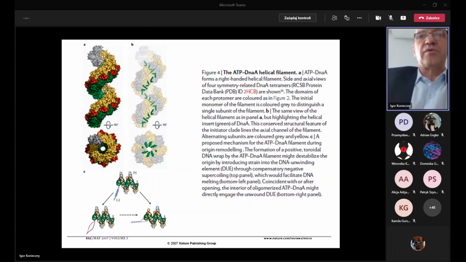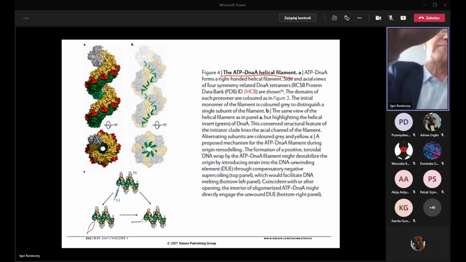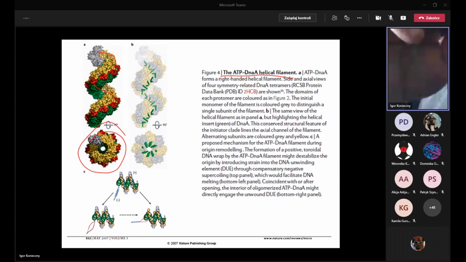But it was proposed by the Berger laboratory in May 2007 that the DnaA protein in the ATP form forms a helical filament. This is the filament structure on the DNA, and this is the top view, and this is the model.